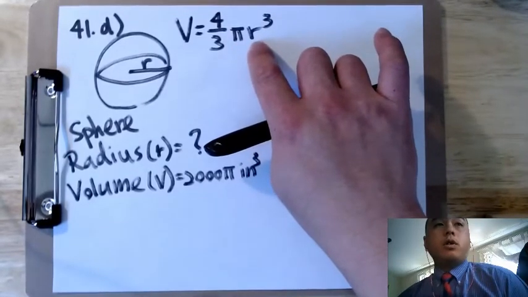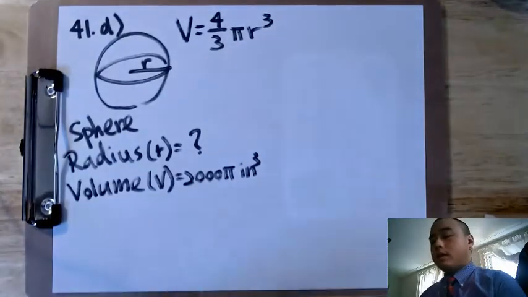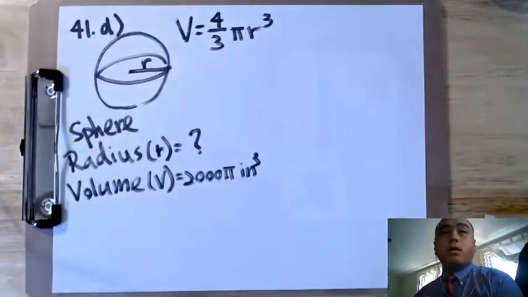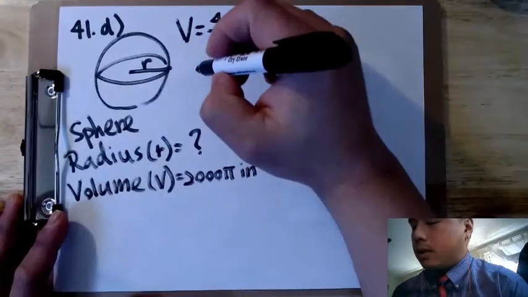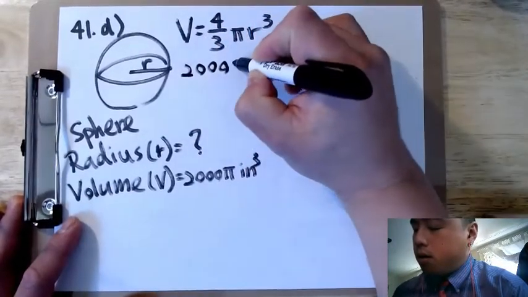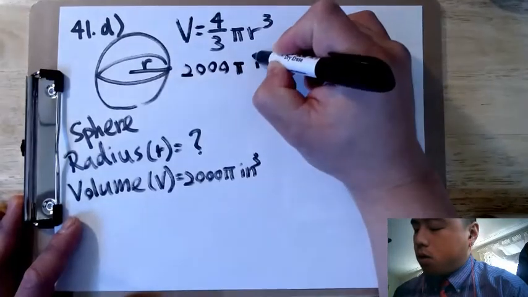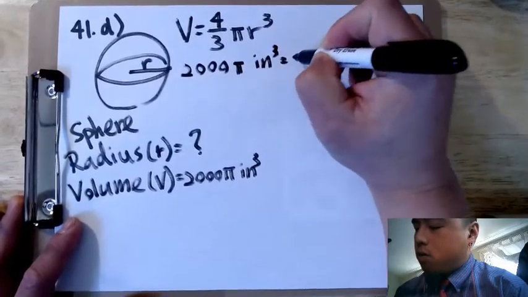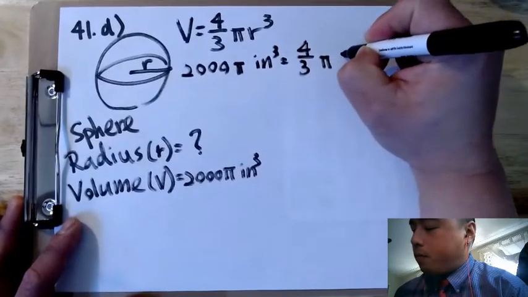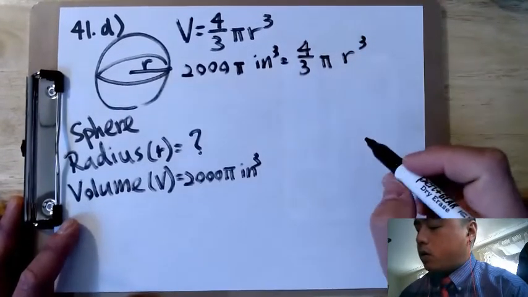We are looking for the new radius. With that being said, we have one unknown that we're looking for. Let's plug it in and see what happens. So we have 2,000 pi cubic inches equals 4/3 pi r cubed, which we don't know.